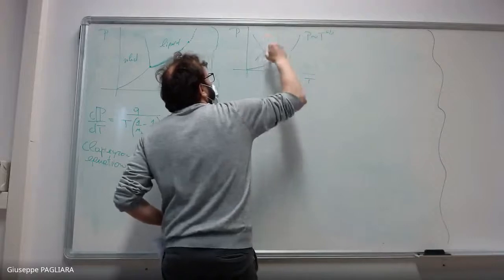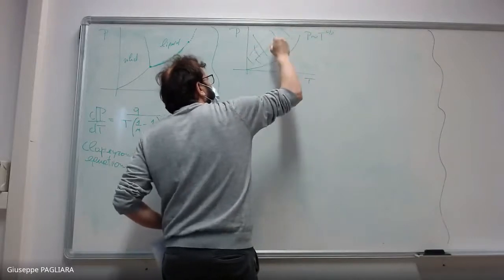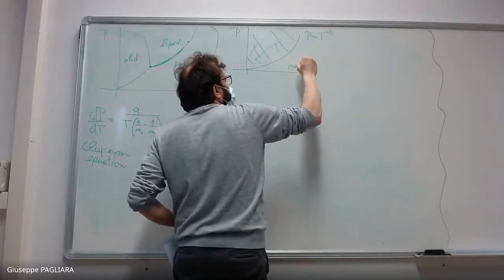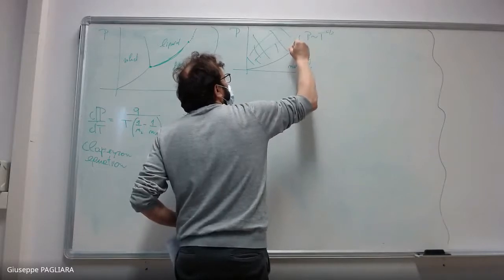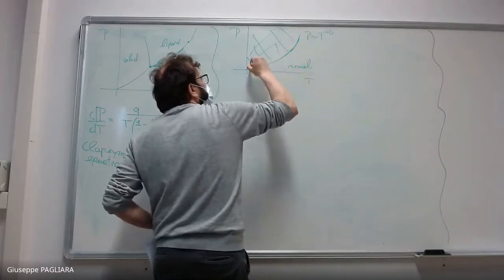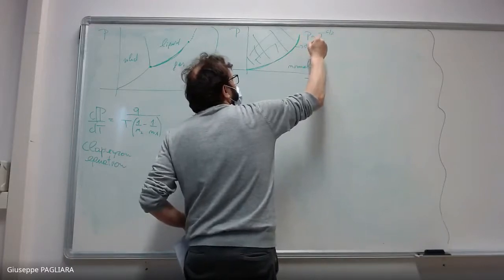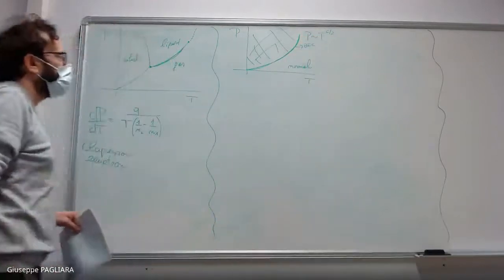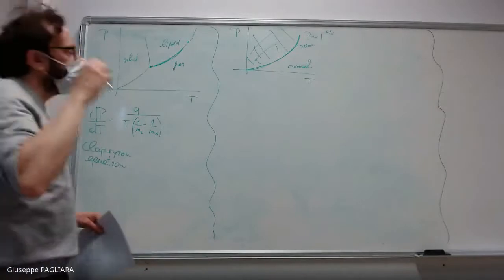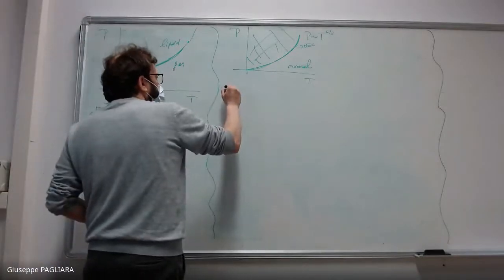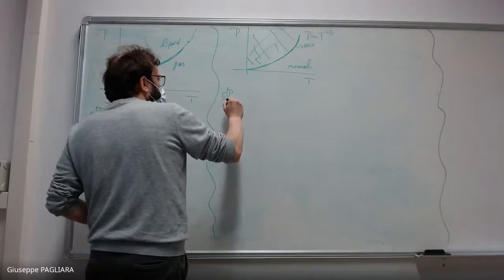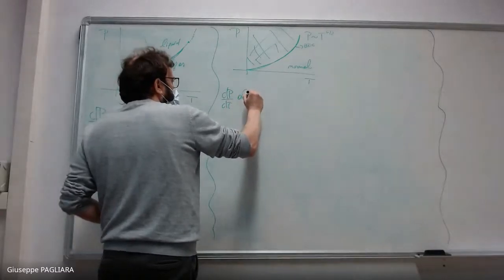Here we do not have anything. Here we have the normal phase, and along these points we have the BC. Okay. So we are going to compute now the derivative of P with respect to temperature along the critical line.